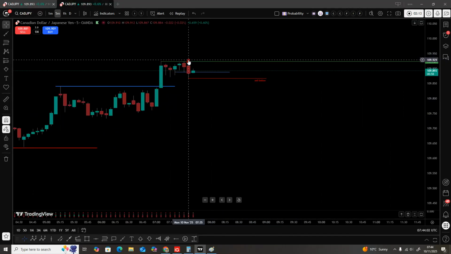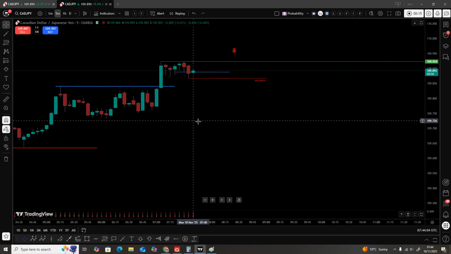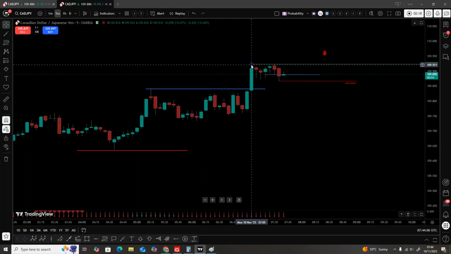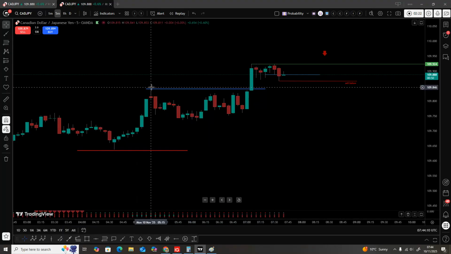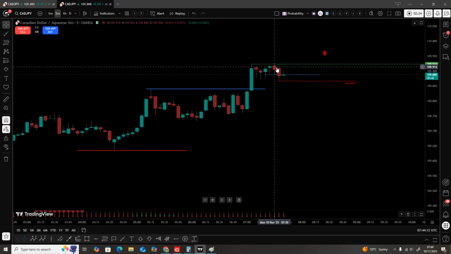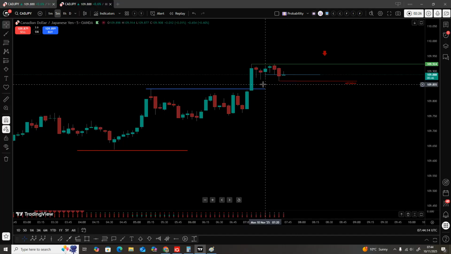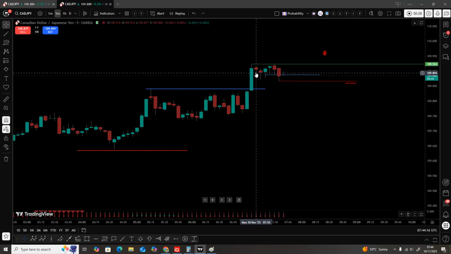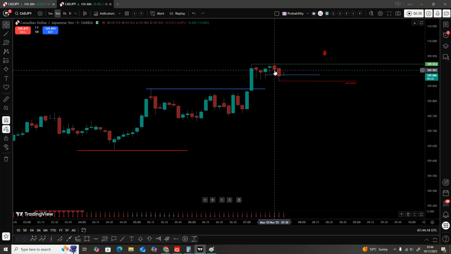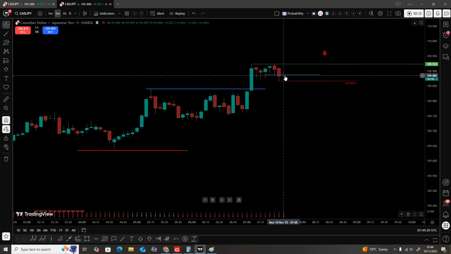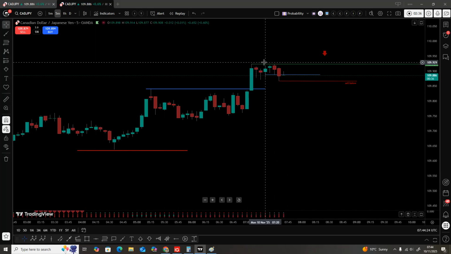Let's move the arrow to the side so that we can see we did not have any other candle closing above the high of the candle that breaks this high. So we are now looking for a setup, and you look at this: 1, 2, 3, 4, 5, 6, seventh candle, and none of them close above this.